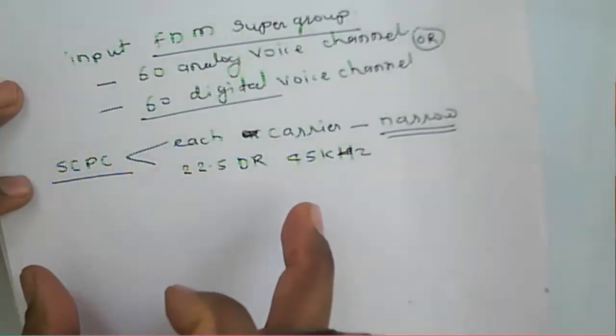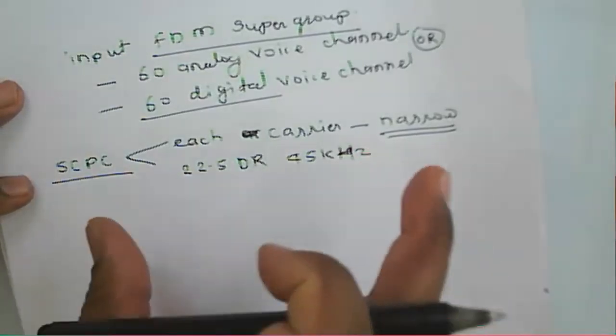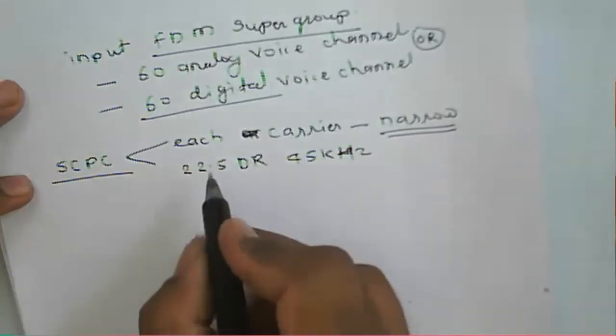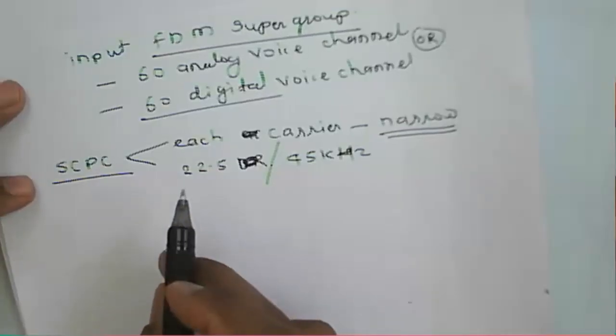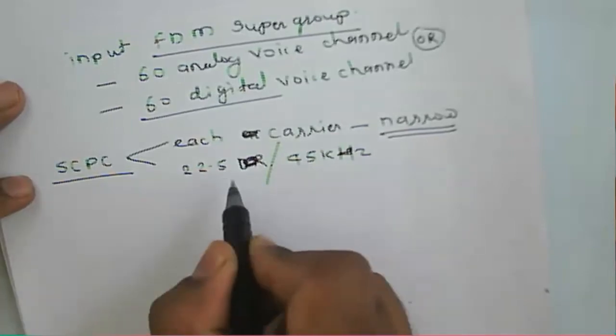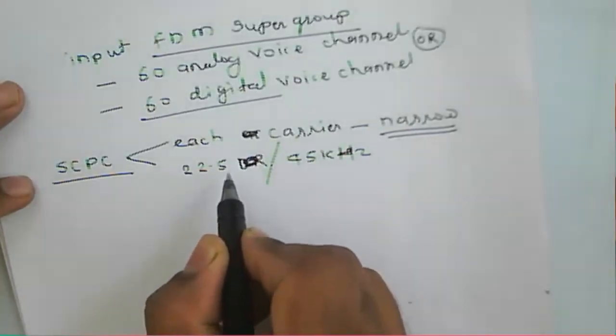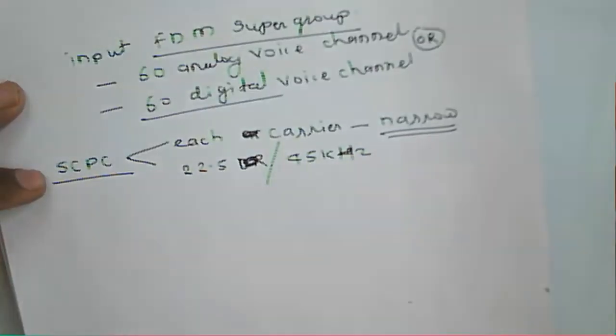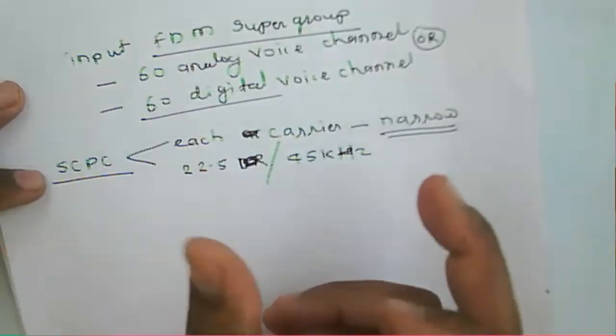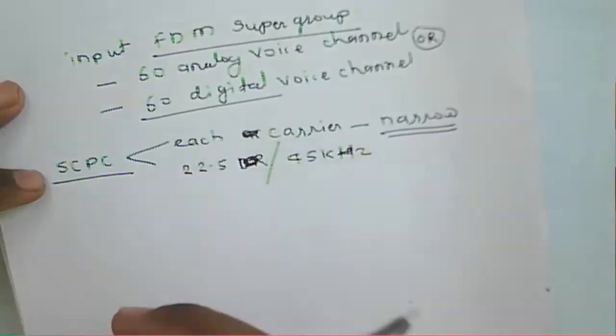So the transponder bandwidth is divided into narrow bands of either 22 or 45 kilohertz with separate carrier frequencies, and that will be distributed to the earth stations in the network according to the expected traffic.